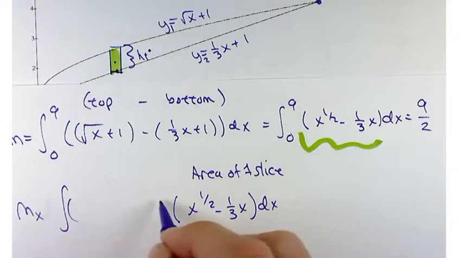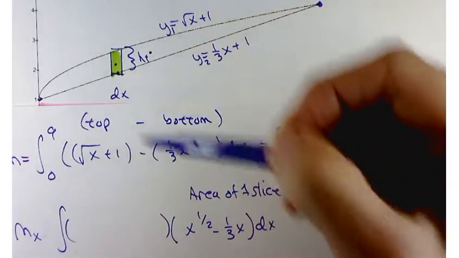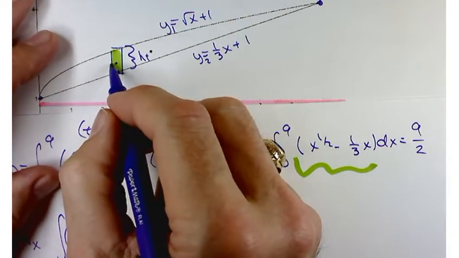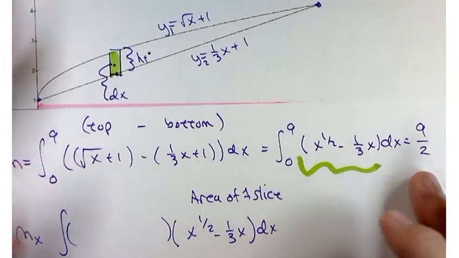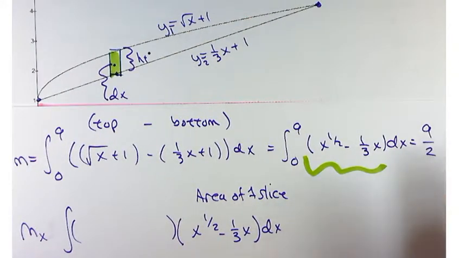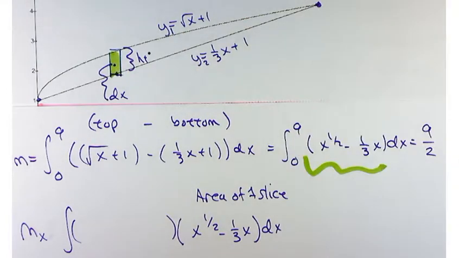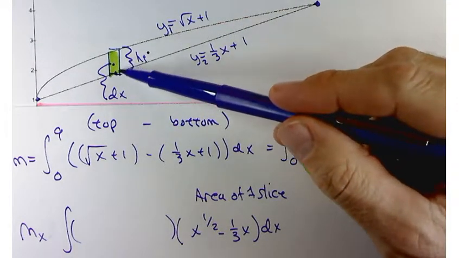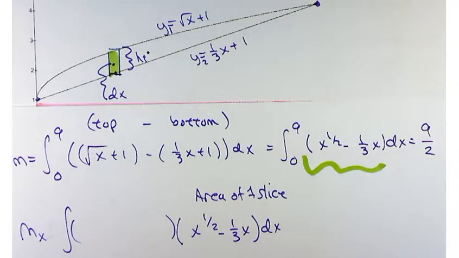The other thing I need to know is the distance from the center of this, which is where you can imagine all that force being felt, to the x-axis. So what's that distance? Well, y minus 0, yeah, that kind of works, but we're eventually going to need to write it in terms of dx. So what's going on is that this point is the midpoint of those two curves, right?